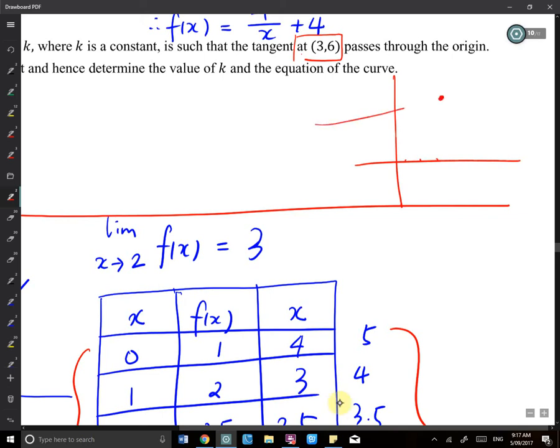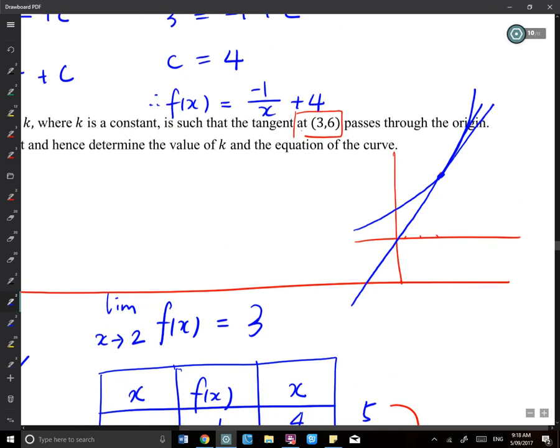Let's say I have a curve that passes through (3, 6), and I have the gradient of the tangent passing through the origin. So there must be a line passing through the origin. That's the tangent line, and the tangent line passes through the origin.